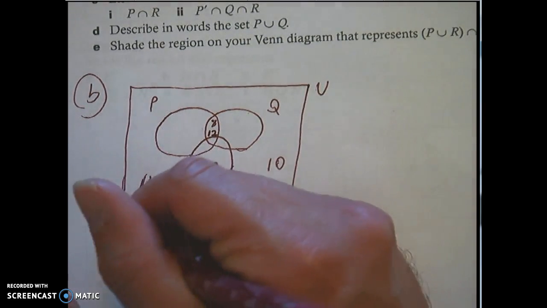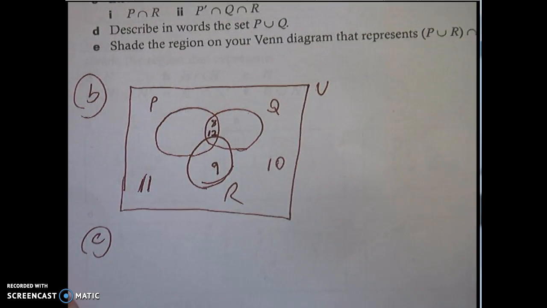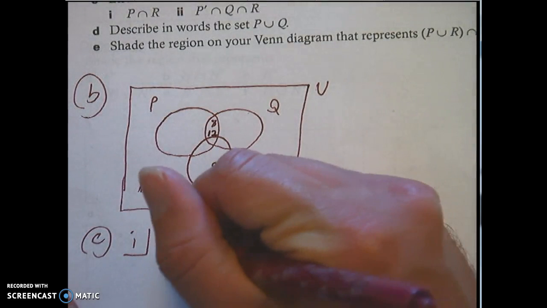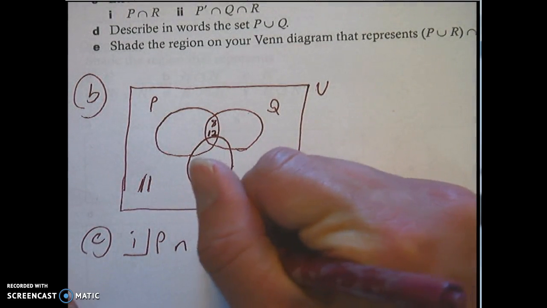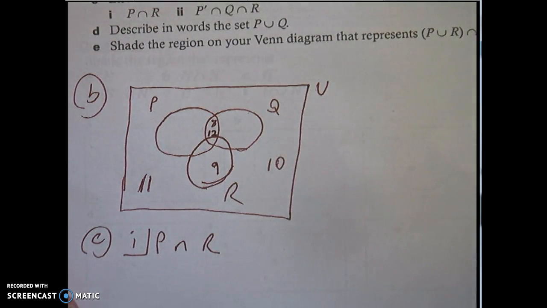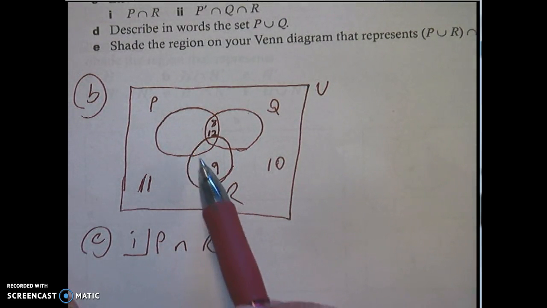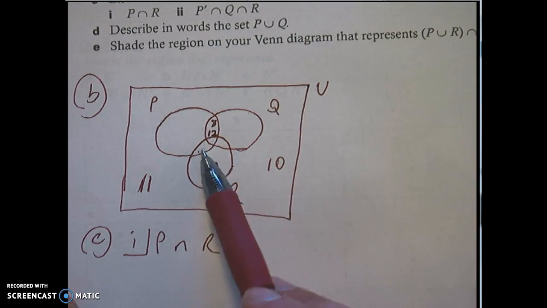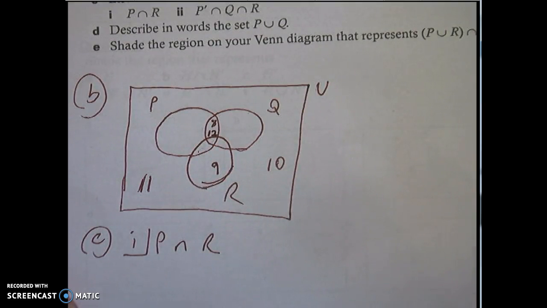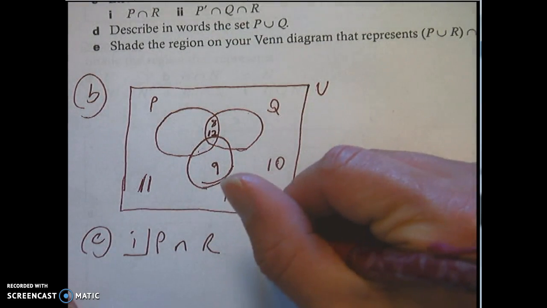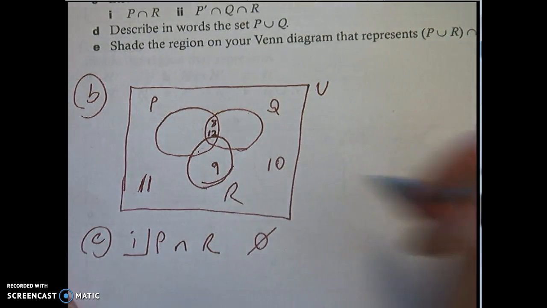So in part C, I'm trying to list the elements in P intersect R. And hopefully you can see that the intersection of P and R, I've got no numbers written there. And so as a result, that's just the empty set.